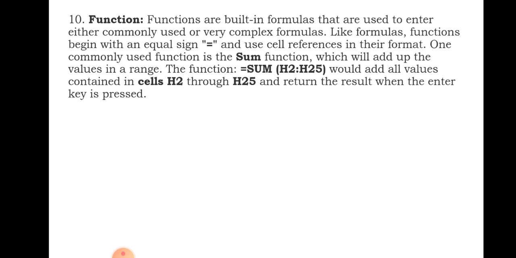Then this is saying add up the data in H2 to that of H25. By the time you press enter, the value of those data will appear in the active cell, while the actual data that the operation is being performed on will appear on the formula bar. The function here is SUM, which is an inbuilt formula of the spreadsheet.